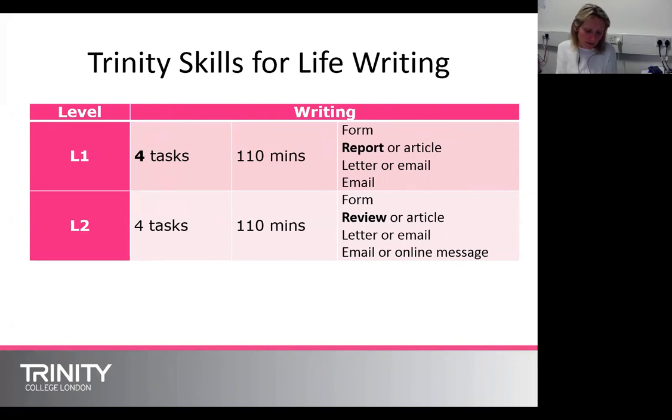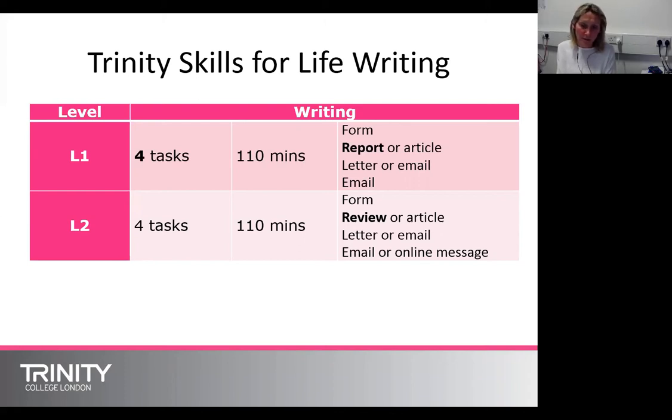And that often is for any interested public. It will be neutral in terms of tone and register. But the aim of it would usually be to inform and entertain. Again, it's quite important in that task to pay attention to the purpose of the task.